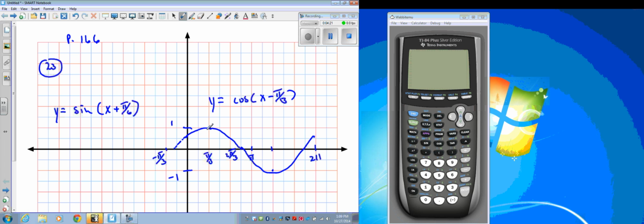So sometimes what you can do is you can have the things be too, I think if you graphed either one of those in there, you would get essentially this graph.